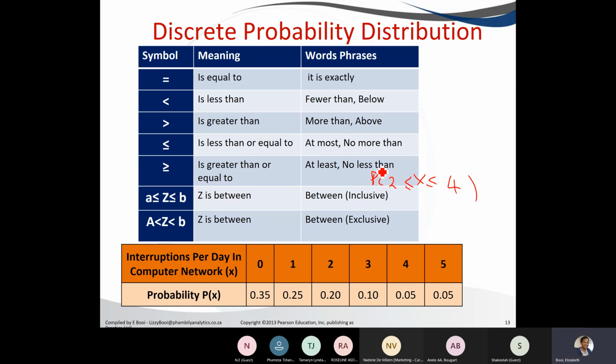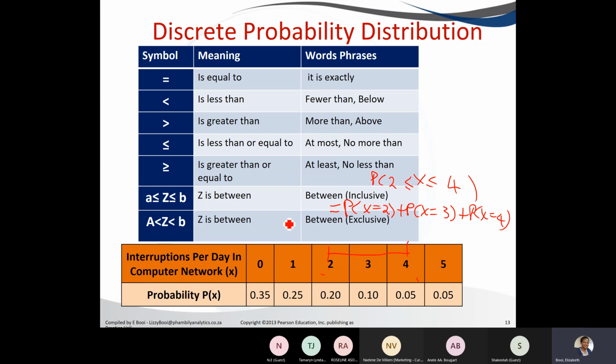Since it's inclusive, we're looking for the probability that X is equal to 2 plus the probability that X is equal to 3 plus the probability that X is equal to 4, because it says it's between 2 and 4, and everything between 2 and 4 includes the lower and upper boundaries, 2 and 4.